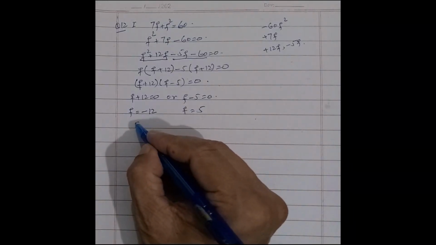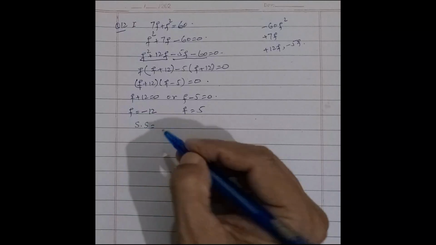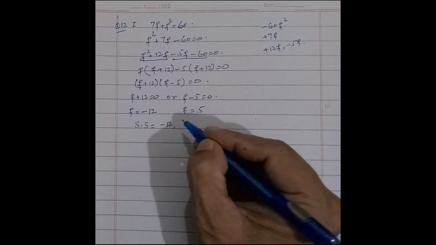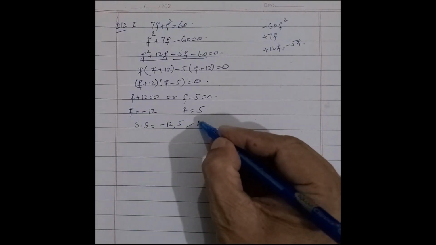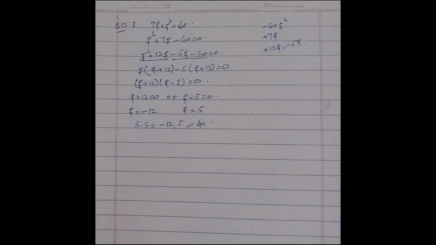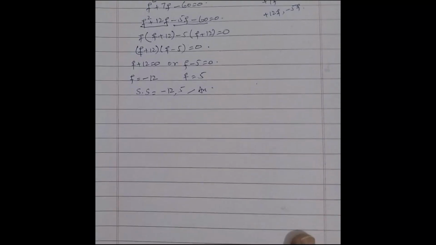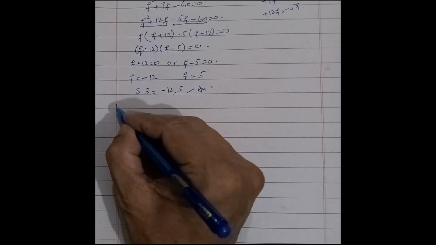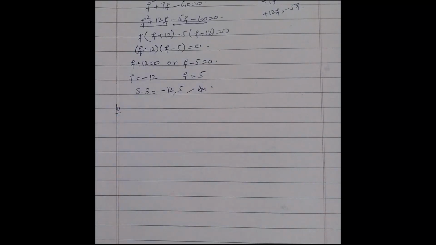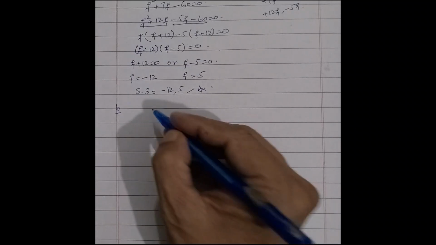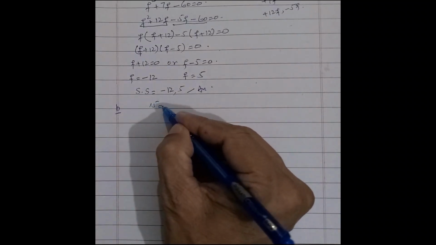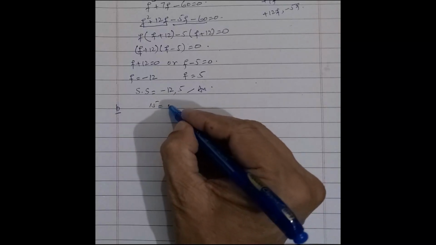Hence the solution set of this question is minus 12 and 5, which is the answer of the first part, or we can say the A part. It is A in the book, it is right.